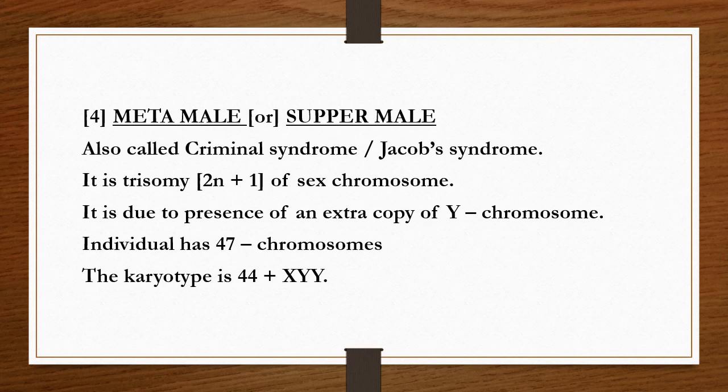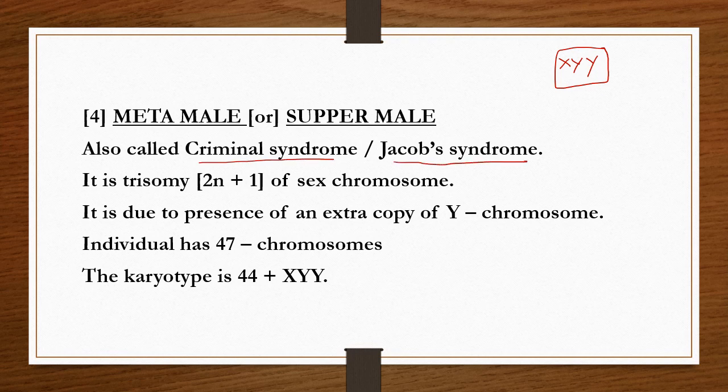The last one in the aneuploidy of sex chromosomes is metamales or super males. We already say males. The normal male has X and Y. So the metamale or super male is due to an extra Y chromosome. This metamale or super male is also called criminal syndrome or Jacob's syndrome.